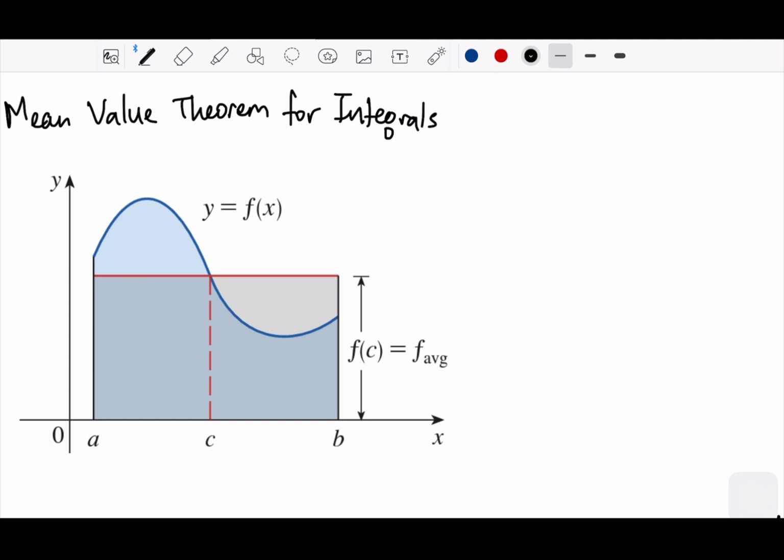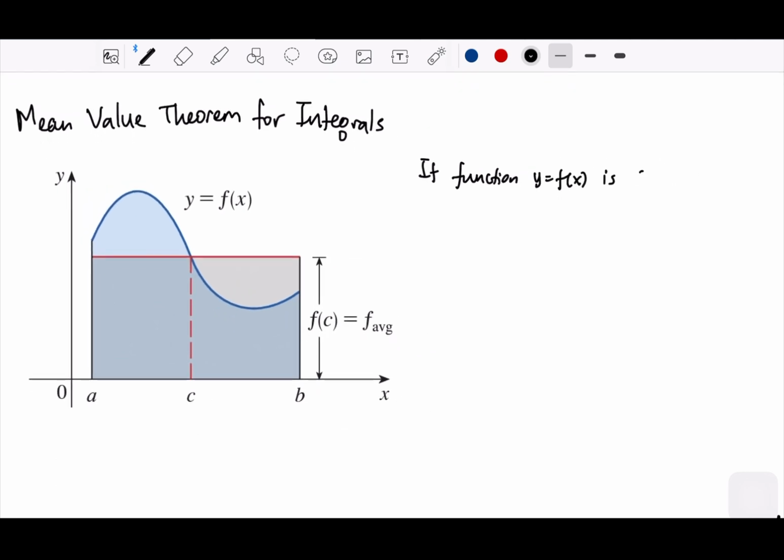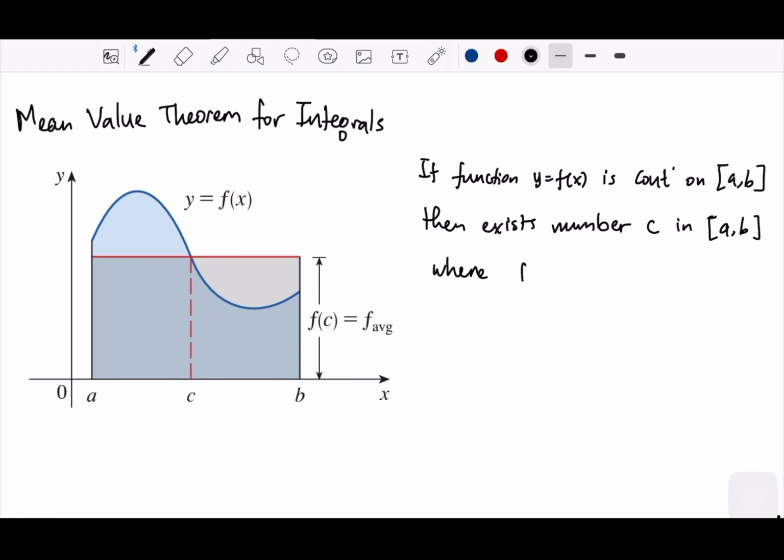So we could write: if function f, or y equal f of x, is continuous on [a, b], then there exists a number c in that interval where f of c is equal to f average, which is equal to 1 over b minus a, the integral from a to b of f of x dx.